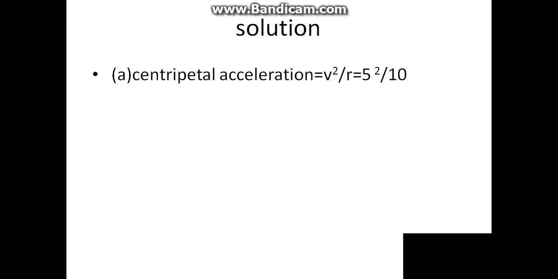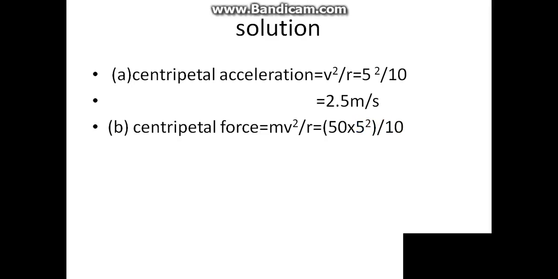A, centripetal acceleration is equal to v squared over r, which is 5 squared over 10, giving 2.5 meters per second squared. B, centripetal force is equal to mv squared over r, which is 50 times 5 squared over 10, giving 125 Newtons.